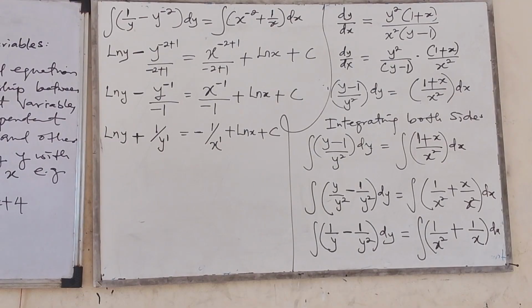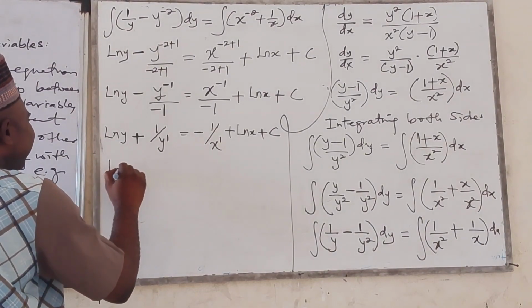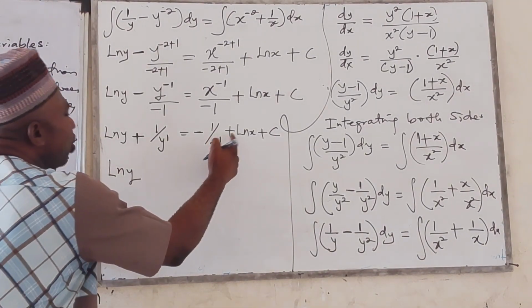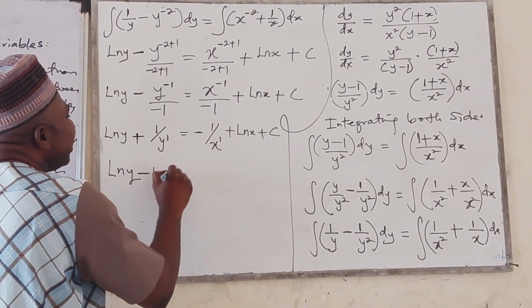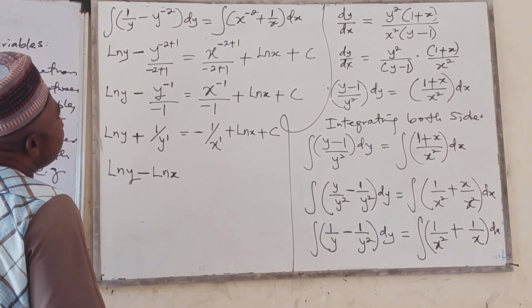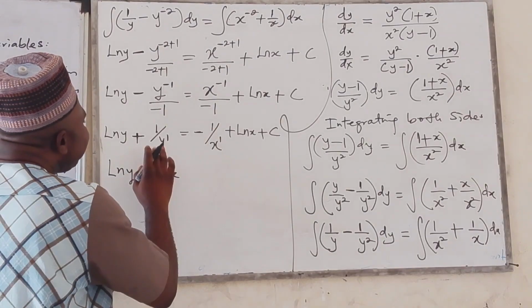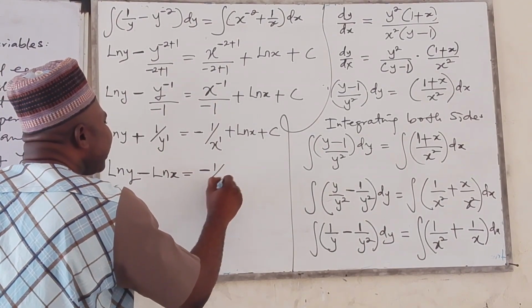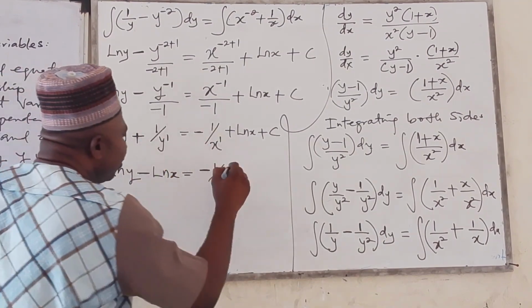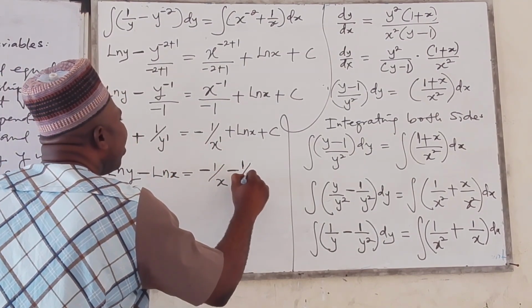So it therefore means that ln y, now if you bring this plus ln x inside to the left hand side, it becomes minus ln x. Now let's take this to the other side. So this will be minus 1 all over x, and plus 1 all over y to the other side becomes minus 1 all over y.